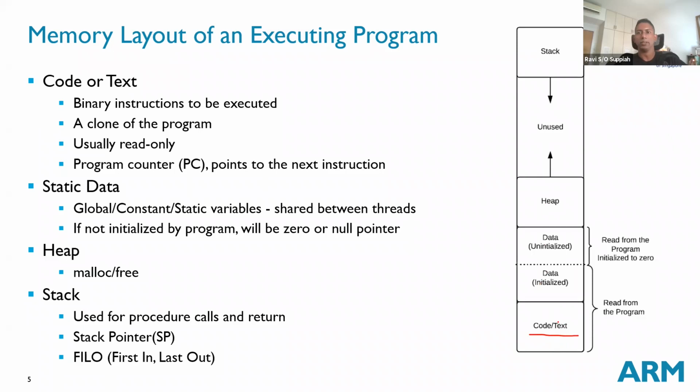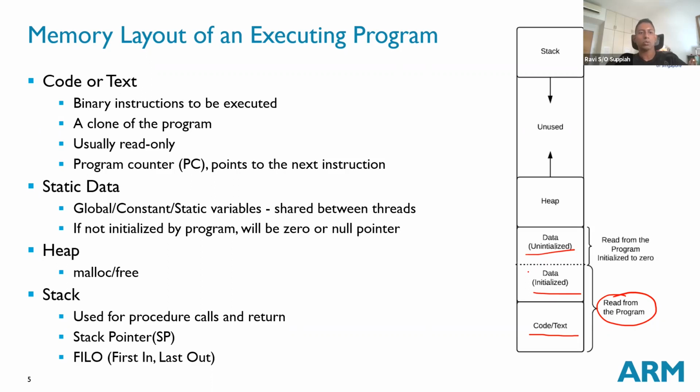Normally it is in the lower or upper region of the memory, depending on how your architecture is designed. This is usually what you read from the program: the code and text, followed by some initialized data. The data itself can be initialized or uninitialized, so you have the concept of static data and so on.